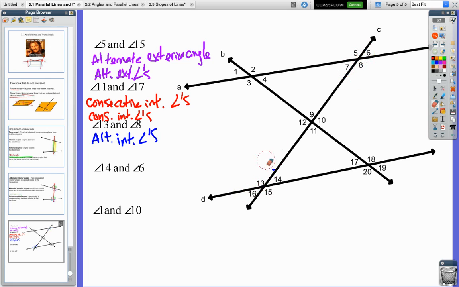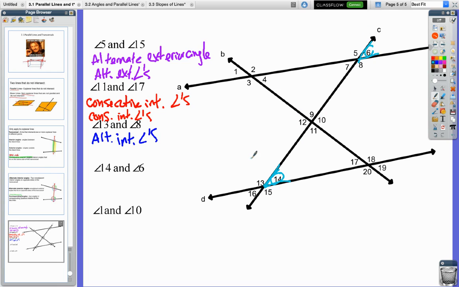Let's look at the next one right here. Next one, we're looking at 14 right here, and 6 up here. Good. So they're both made up of C, and angle 6 is made up of C and A, and this one is C and D. Good. So are they on the same side of the transversal?